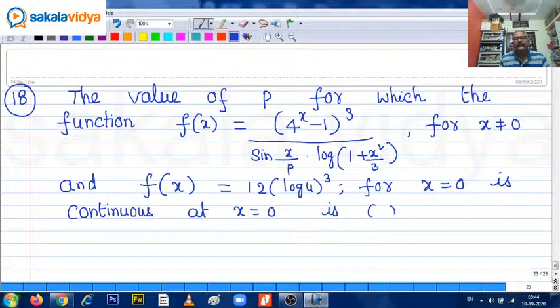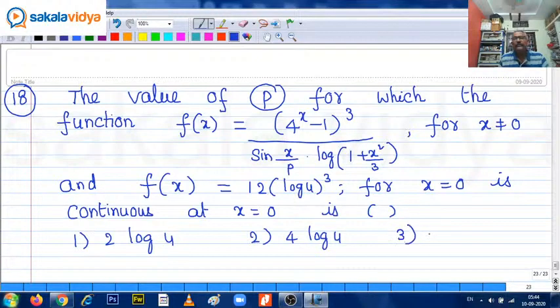That means we need to find the p value. First option 2 log 4, second option 4 log 4, third is 2, fourth is 4. This is a very, very important question.